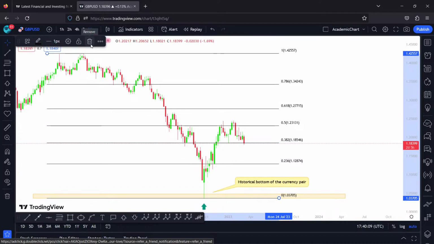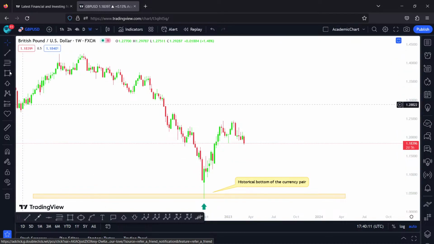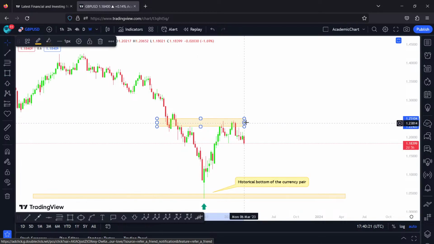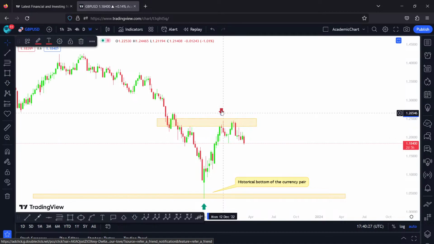So let's get rid of this Fibonacci. I'm not really a fan of making the chart messy, but this is going to be another important level to me. I can see that it is a very important resistance at the moment.